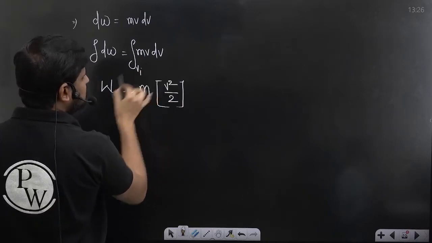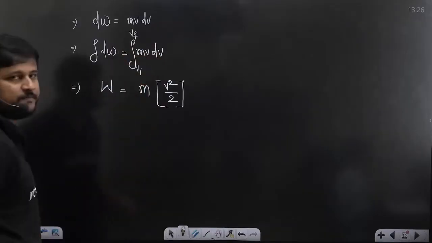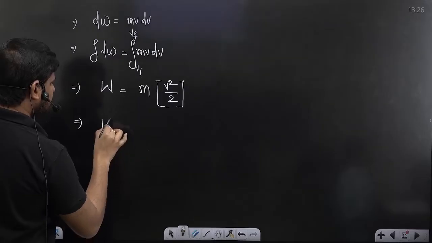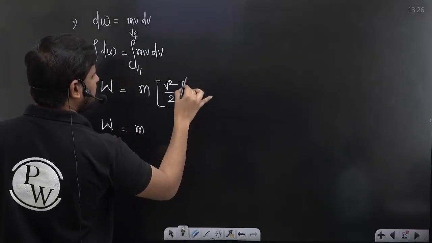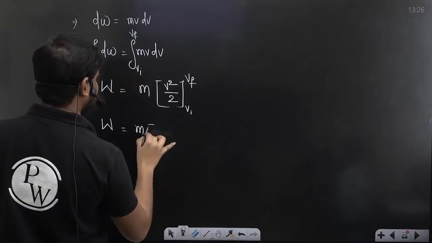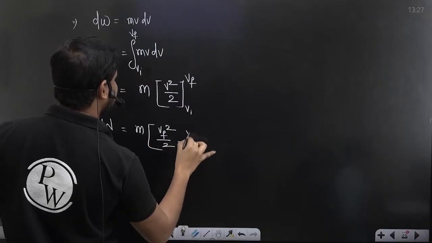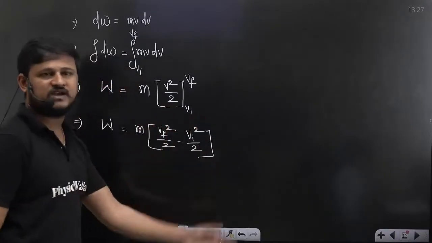With respect to v, it's from the initial velocity vi to the final velocity vf. So the work done will be equal to m into vf square by 2 minus vi square by 2, right? Upper limit minus lower limit we have to substitute.